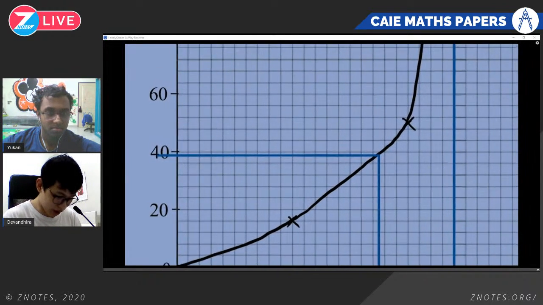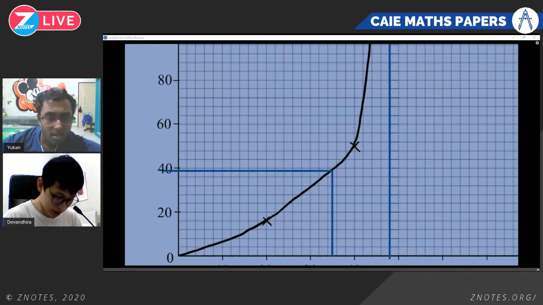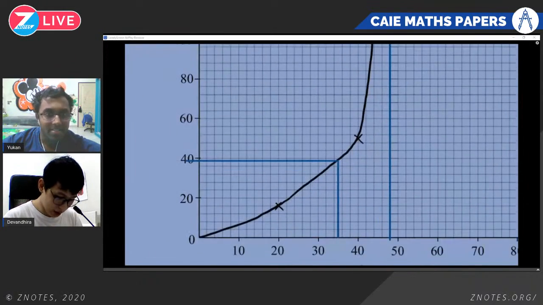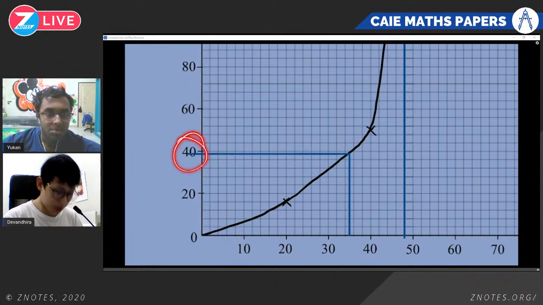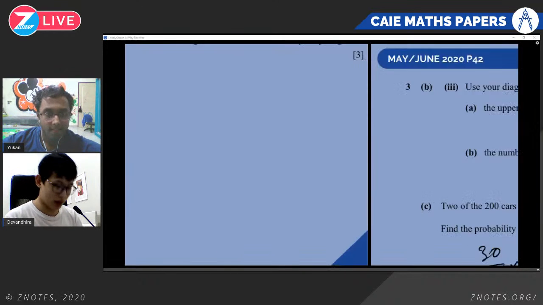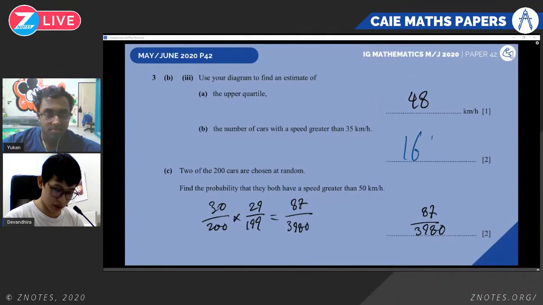So that means the 40 represents the cars less than 35. But because we're trying to look for the cars greater than 35, that means it's 200 minus 40, correct? And the answer is, of course, 160. Okay, yep, 160. There you go.